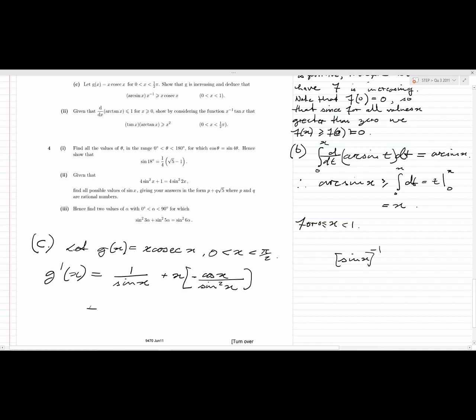Bringing this all together, we get 1 over sine x subtract x cos x over sine squared x.